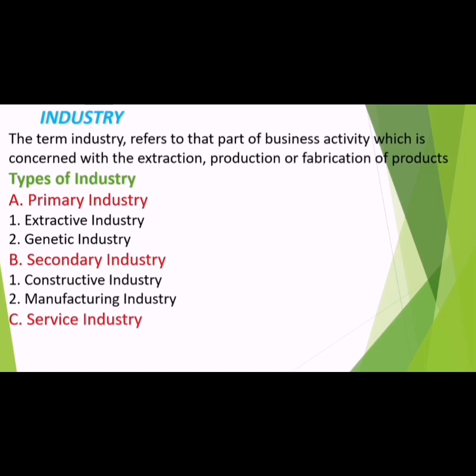For your more information, primary industry is that industry which is connected with the production, extraction of raw material. Means this industry only provides raw material. Now secondary industry is that industry which takes raw material from the primary industry and converts that raw material into semi-finished or finished products for consumers or for people's use.